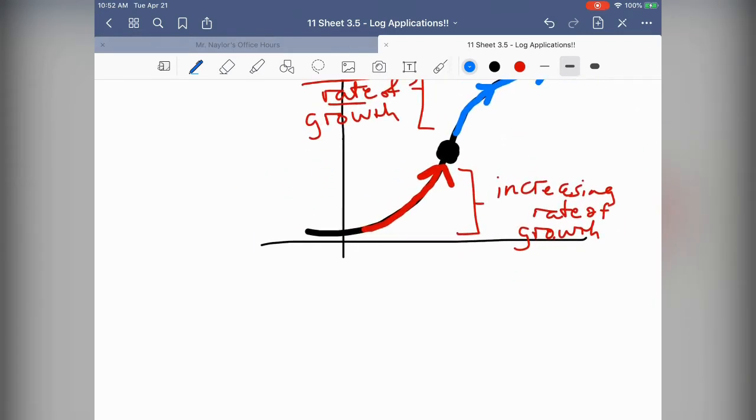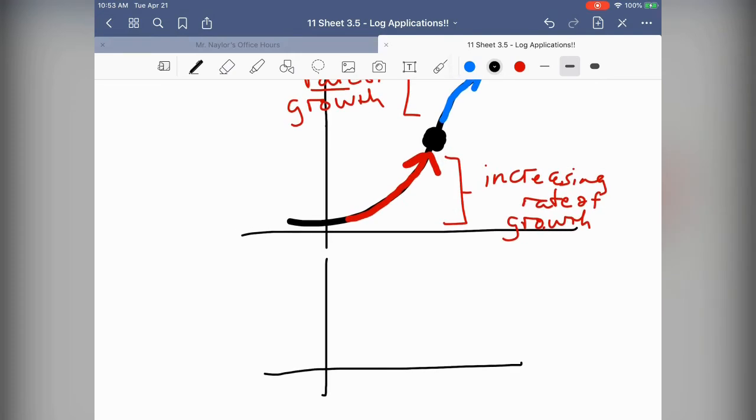Now you say, Mr. Naylor, that's not quite the graph that I've been seeing in the news. I've been seeing a graph where they keep talking about this leveling off. Well, here's the thing. The graph that they're referring to is the same virus, but it's describing something different. It's describing the number of new cases.